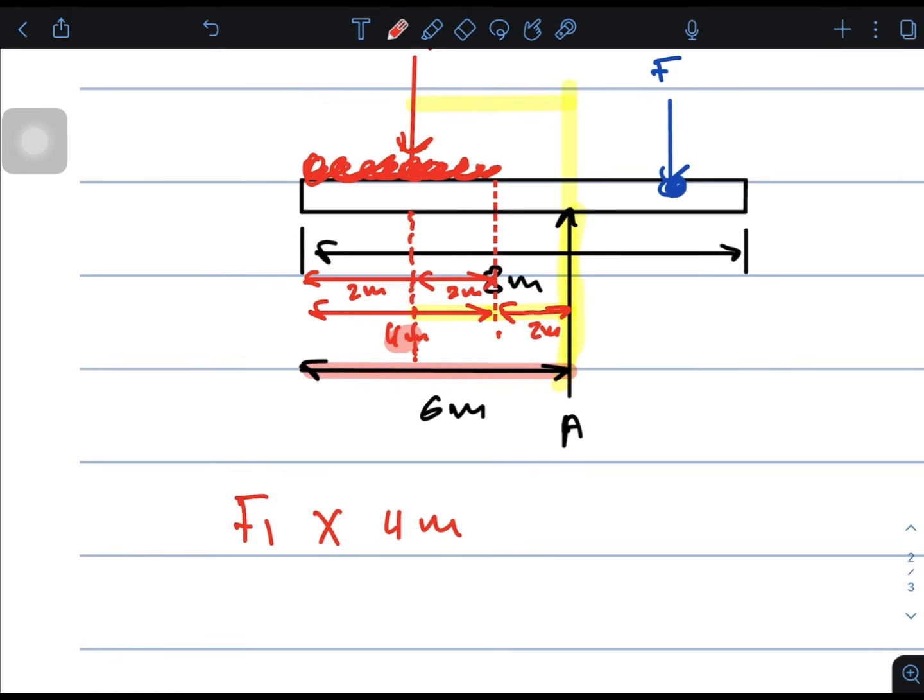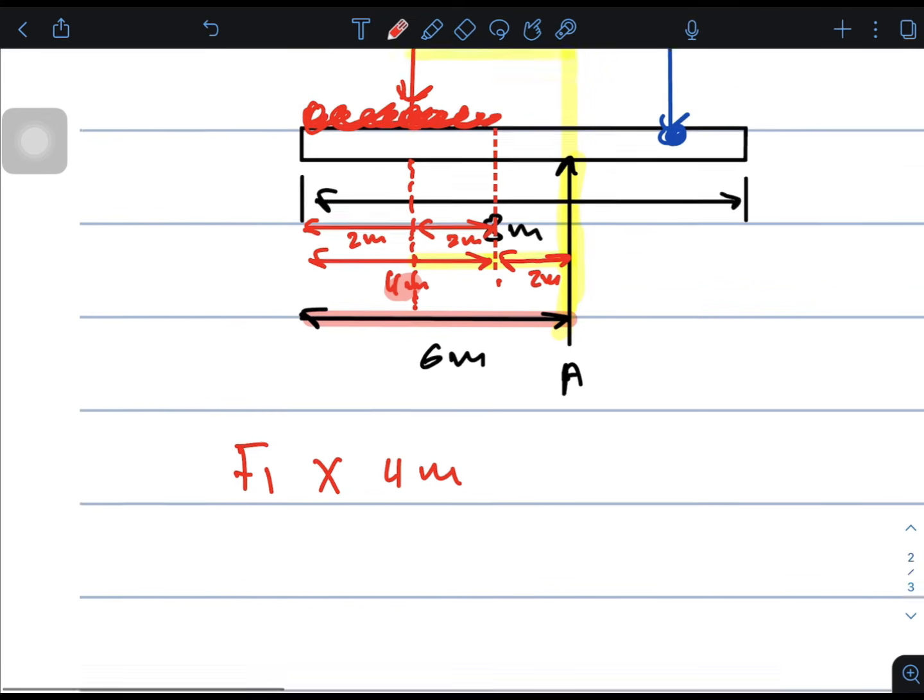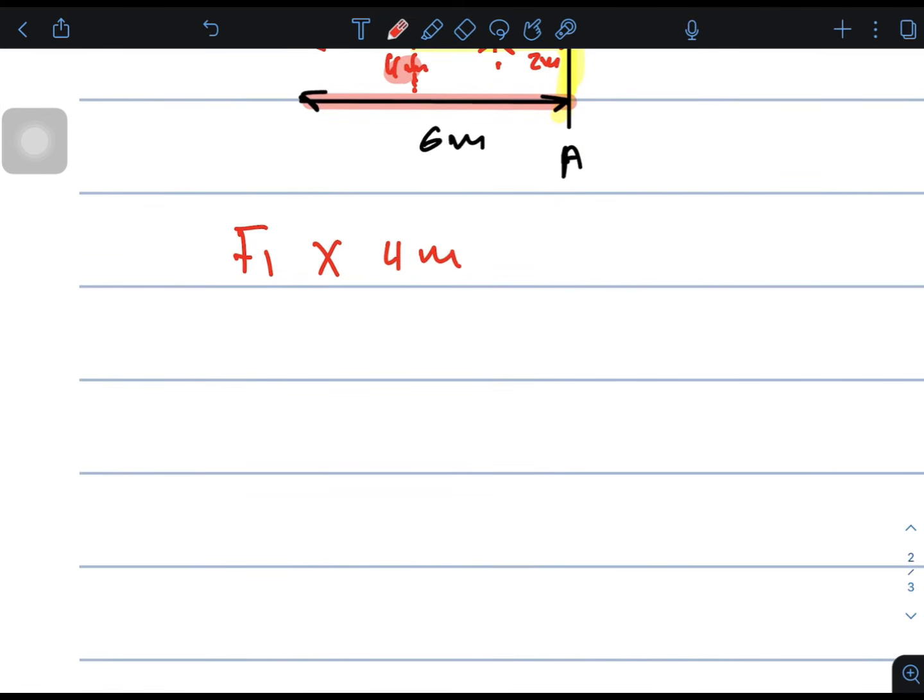Guys, the uniformly distributed load is normally given in a ratio form. They don't give you the concentrated load of this uniformly distributed load. They will give it in a ratio form. For example, they will say 8 newtons per meter.